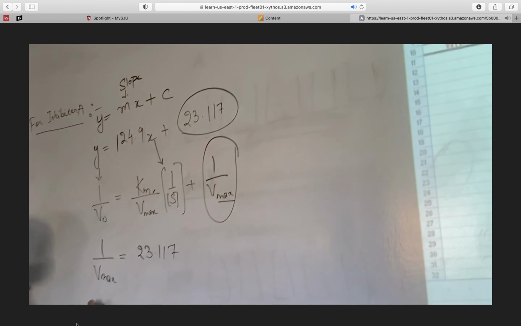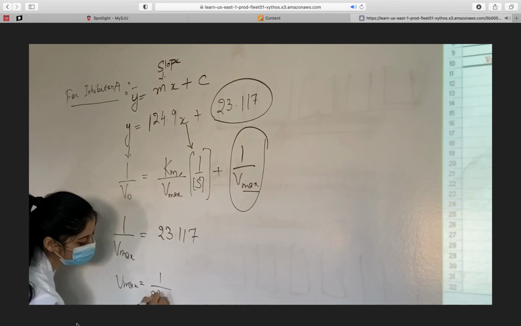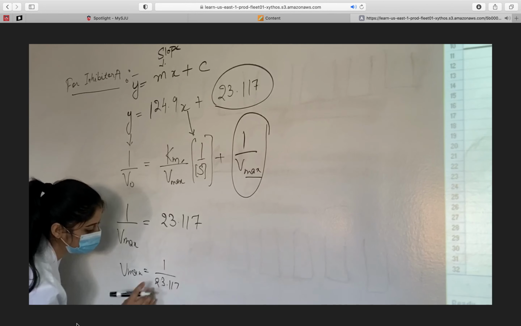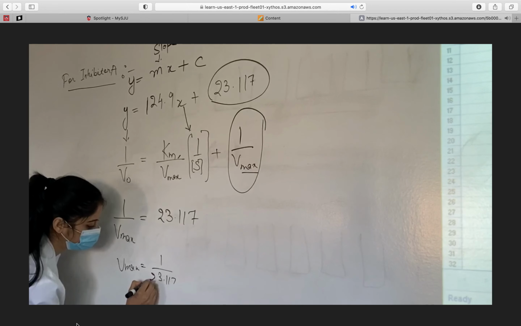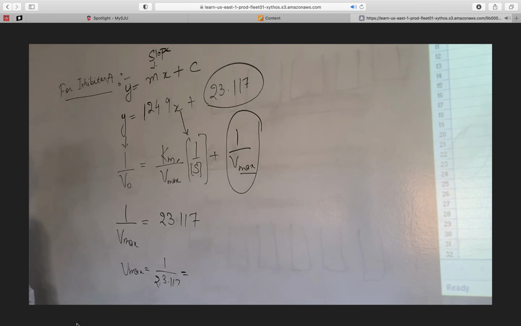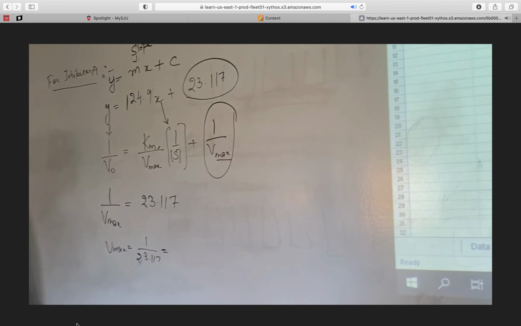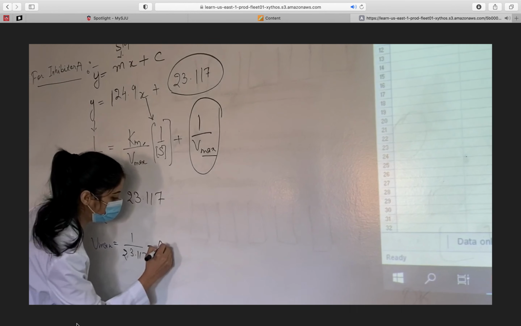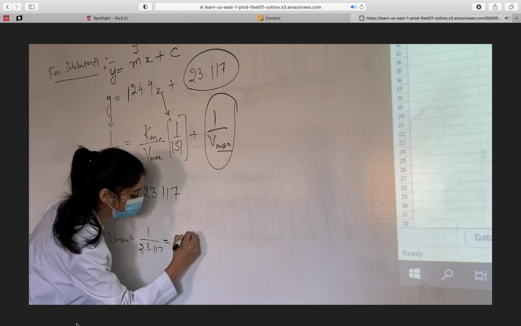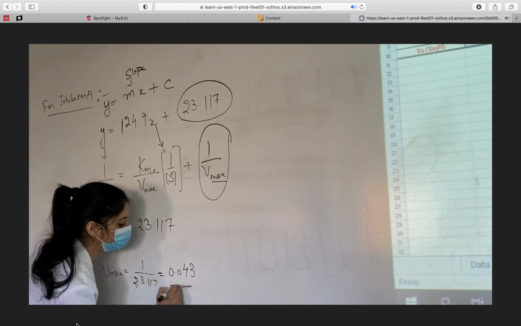That means Vmax is equal to 1 upon 23.117, and the final answer is 0.043. So that's the Vmax value.